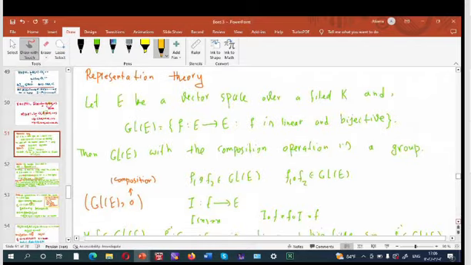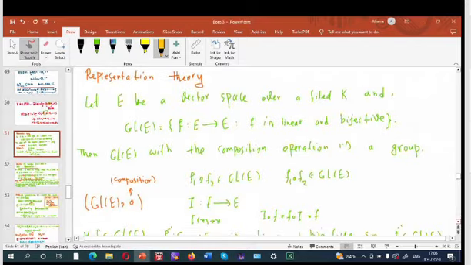This f must be replaced by this function t, okay? t of xg, and it is equal to f of xgh multiplied by h. So this is the result of ρ_G(g) ∘ ρ_G(h) of f of x.